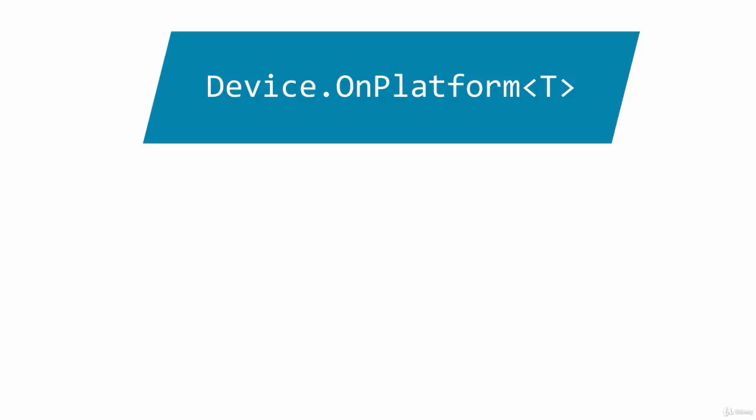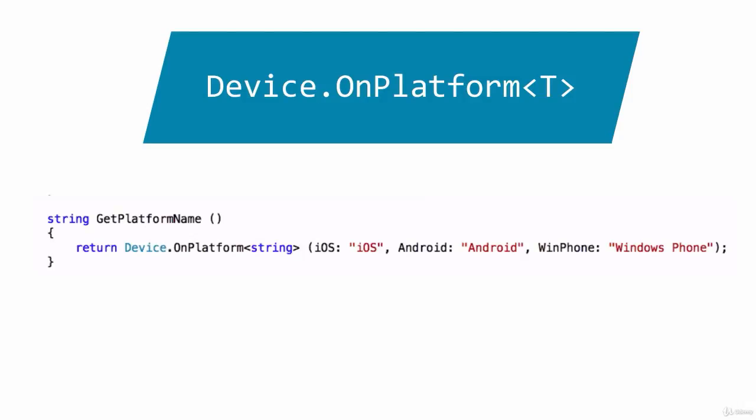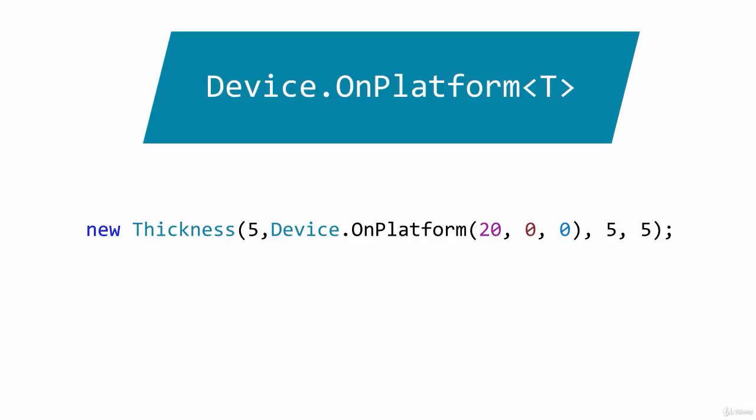The second variation is a generic Device.OnPlatform<T>, which takes 3 T parameters and returns a T. The 3 parameters correspond to iOS, Android, and Windows Phone. There is no default parameter case here. You must supply all 3 values. This method is useful if you want to change a parameter or property based on the platform you happen to be running on.